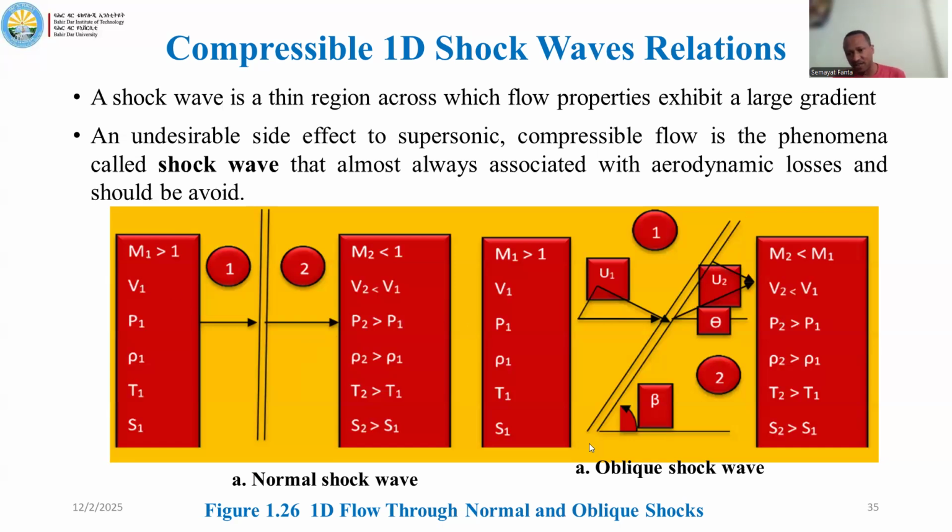This is also the case for an oblique shock wave, having oblique angle beta. So the property before the shock wave and the property after the shock wave are here. This is just to elaborate what the shock wave is and the different types of shock wave.